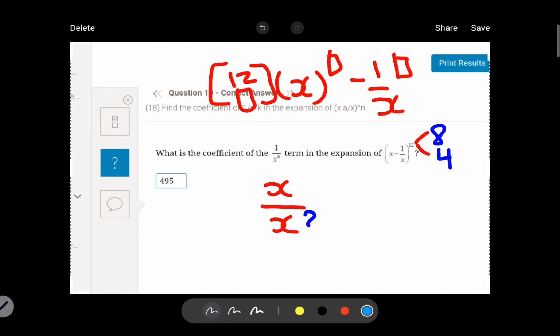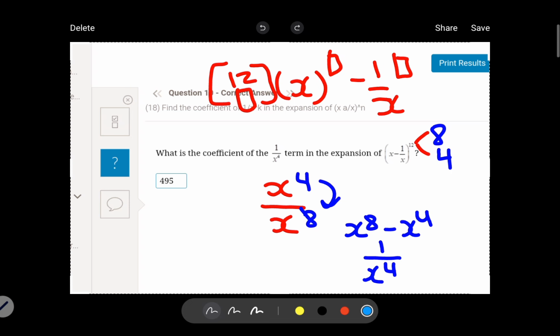So here I'll put 8 and here I'll put 4. Why did I put the bigger number here? Because here it was 1/x to the power of 4, so you will move this down. So x to the power of 8 minus x to the power of 4. Okay, it will be x to the power of 4, 1. Okay, 1/x to the power of 4.